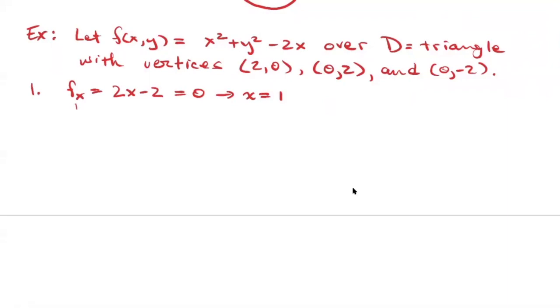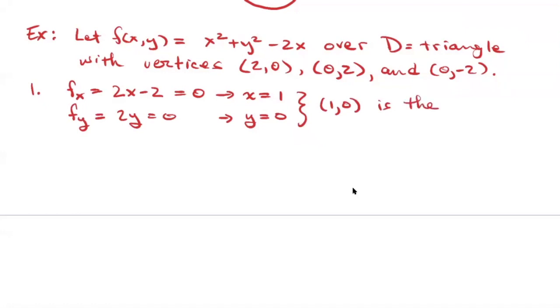The second partial derivative is fy, which is just going to be 2y. Setting this equal to 0, of course, means that y is 0. So we only get one critical point, 1, 0. I should say that's the only critical point in the interior.